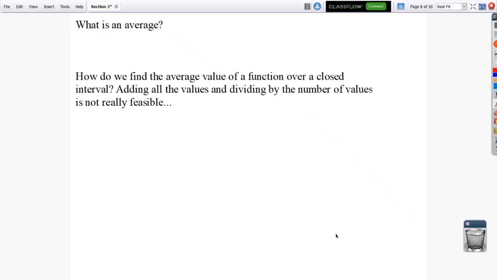When I'm totaling up all the numbers underneath a curve, let's set up an arbitrary curve from a to b. The numbers of the function are the heights of that function. So I'm trying to add this number, and this number, and this number, and this number, and this number.